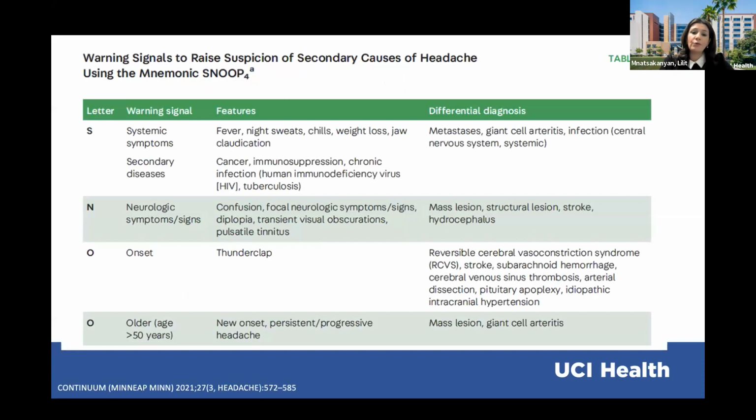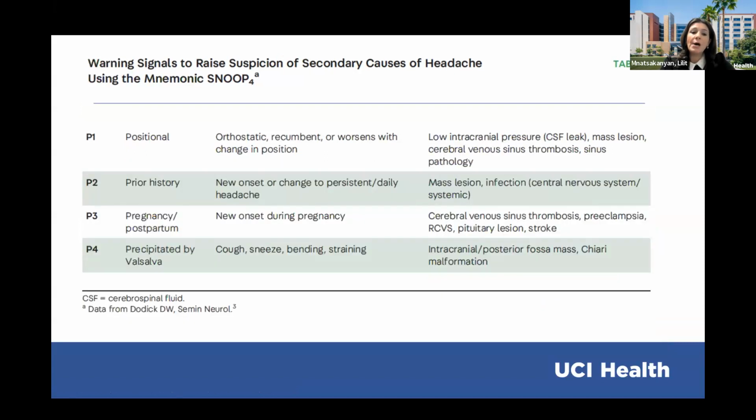This is a table going through more details on secondary causes of headaches. We're looking for systemic problems like fever, night sweats, any new neurological signs, confusion, focal deficits, problems speaking, weakness. All those could point to an intracranial mass lesion. And when it's a very sudden, very severe thunderclap headache, certain diagnoses need to be ruled out. When headaches change with position, that needs additional attention.